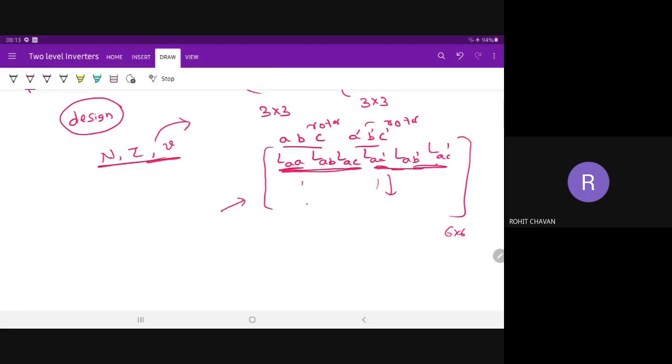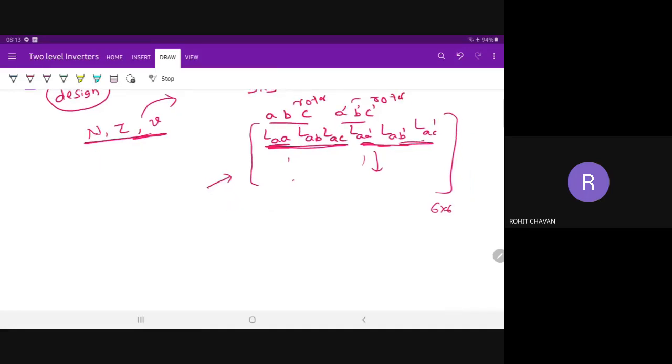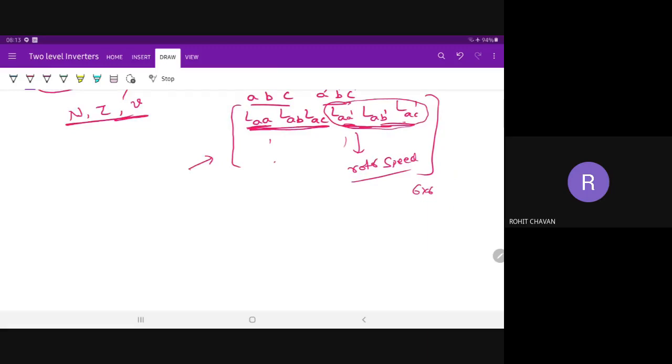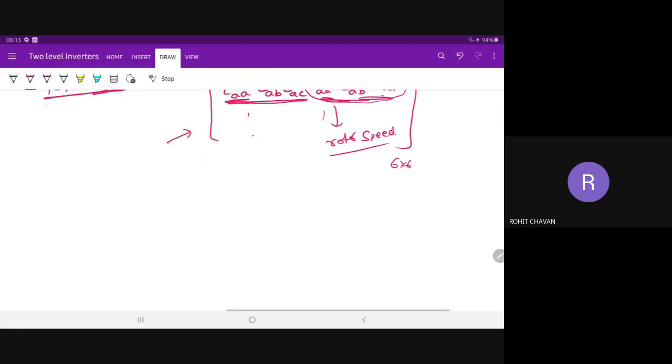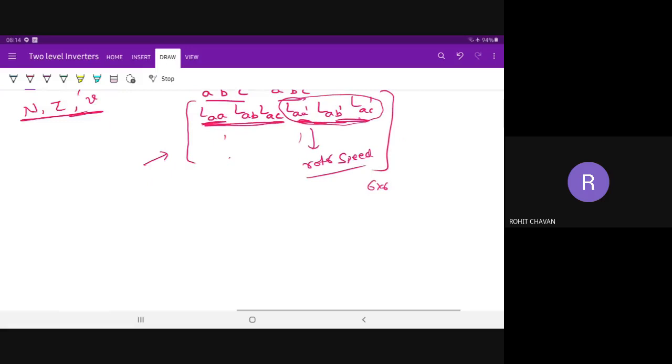Therefore, they found difficulty in modeling these machines, because these variables continuously vary with the speed of the rotor. So they came up with different solutions. One is the Clark transformation.